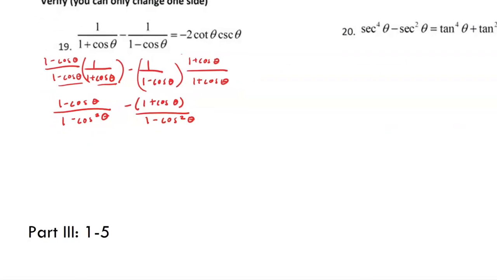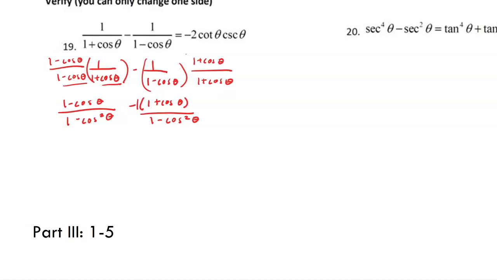And so I have 1 minus cosine of theta over, that becomes a difference of squares. So that's a 1. And I don't have to worry about the O and the I of the FOIL. I just have to do the first and the last. And then minus cosine squared theta. Minus, remember there's a parentheses around this entire fraction with that subtraction sign. And that's one of the things that I noticed that you guys messed up the most on, that you have to distribute this -1.